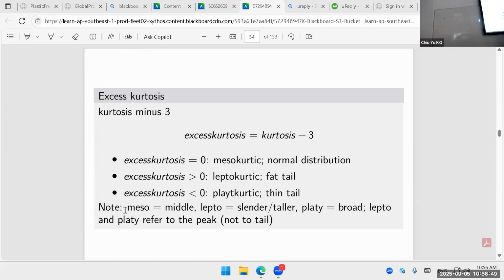3 is the kurtosis of what we know as the bell curve, which we learned in topic 3. And the bell curve is something that appears naturally. It is known as the normal distribution. By normal, it means everything appears normally. Why normal? We will learn in topic 4 what we call the central limit theorem, which essentially says that if things are random and coming from some random process, then it will be a bell curve.